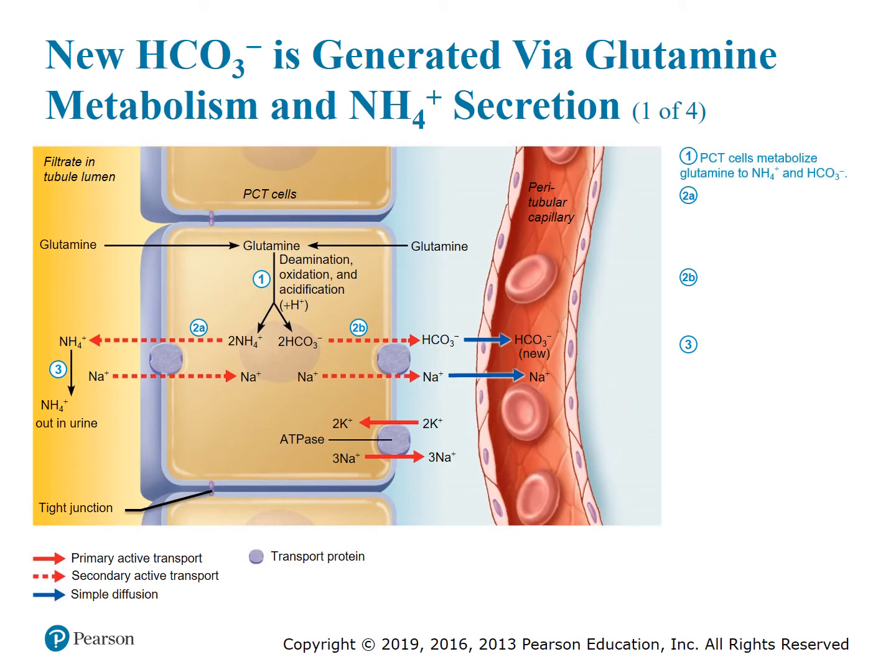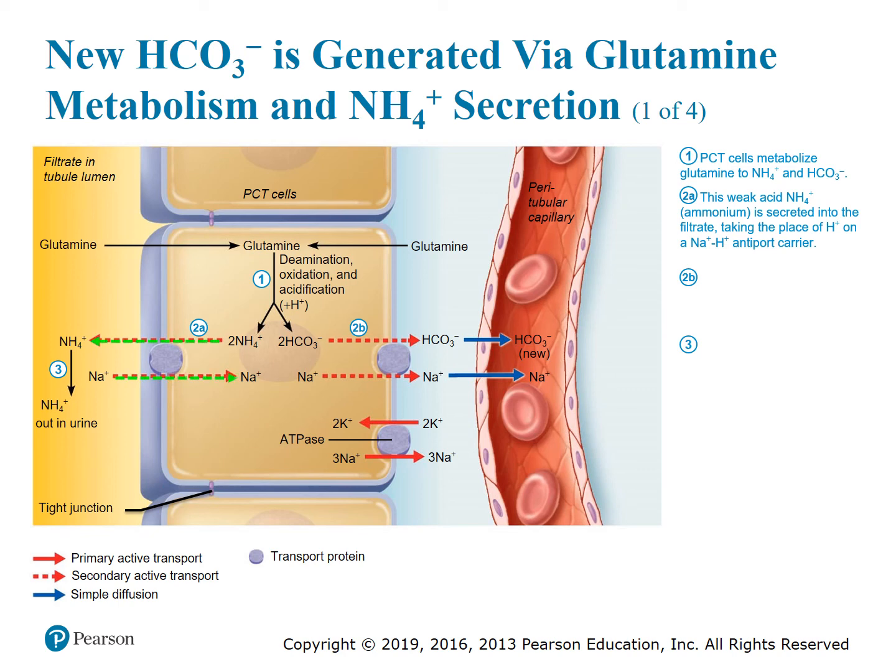So here, the proximal convoluted tubules, so see in step 1, they metabolize glutamine to NH4 and bicarbonate. The NH4 gets secreted into the filtrate, and that takes the place of hydrogen in a sodium hydrogen antiport carrier. So it can basically move through the same antiport carrier that hydrogen does.